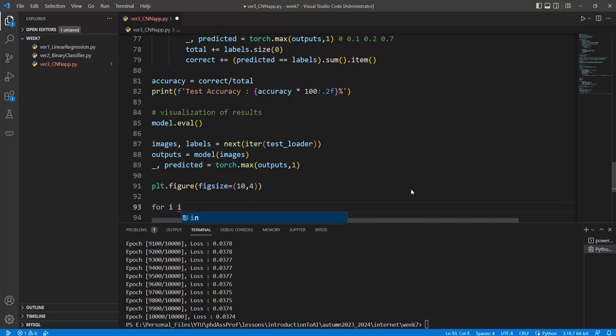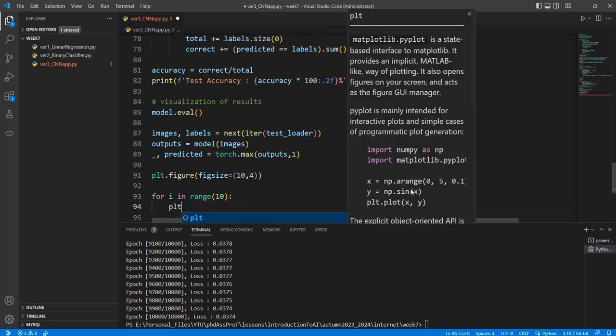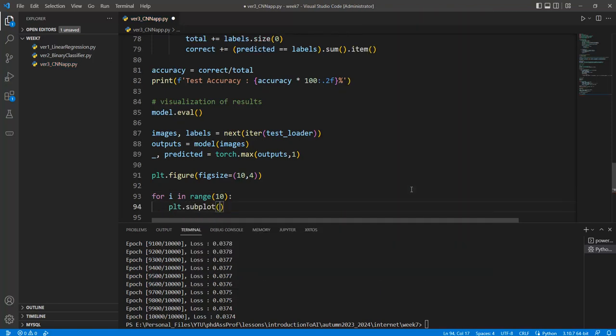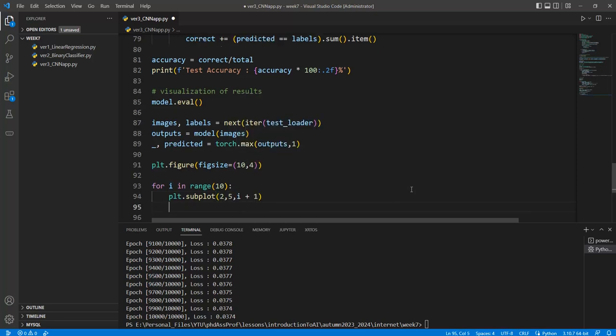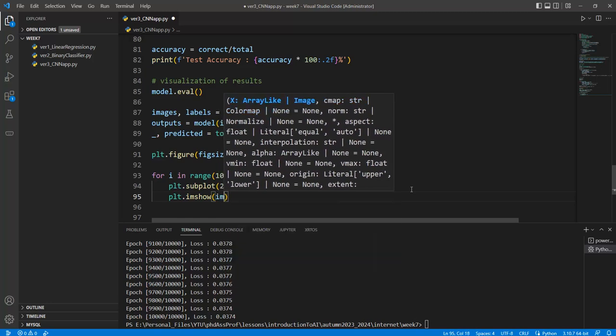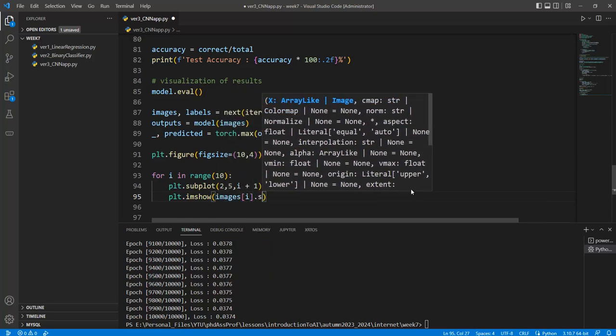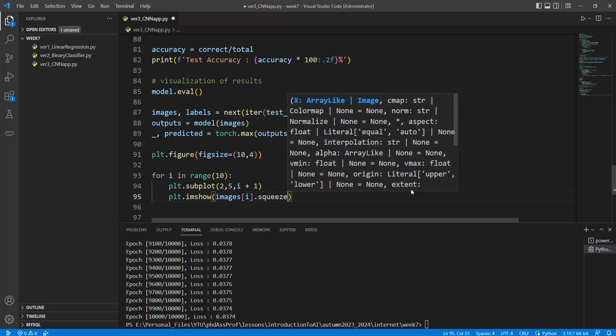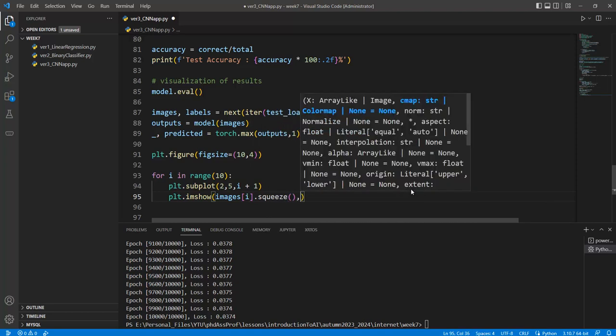For i in range of 10 pictures, plt.subplot 2, 5, and i must be given here, but plus 1 should be added. plt.imshow should be given the image i, and the squeeze function should also be called here, because the proper format to be used in the imshow function requires squeeze, as the image is in the torch form.